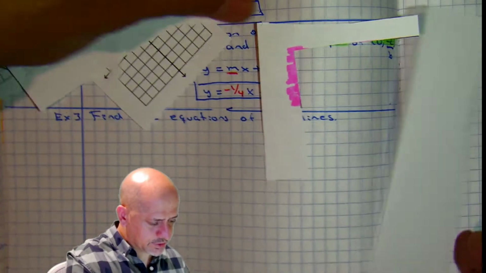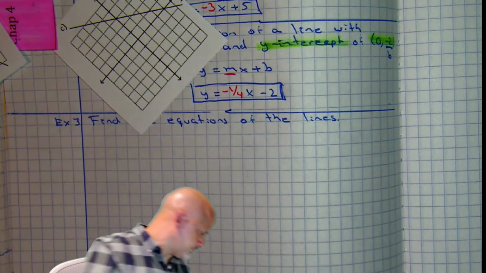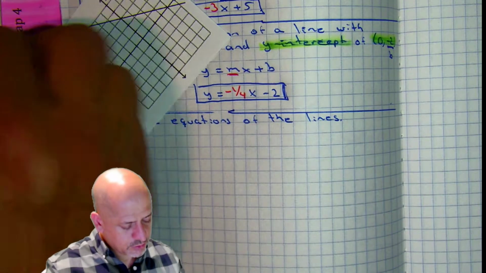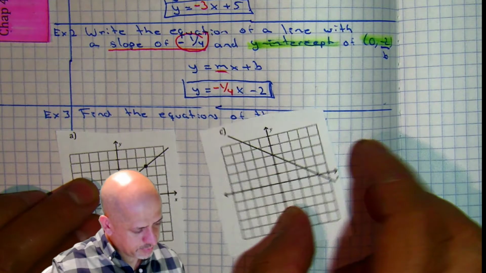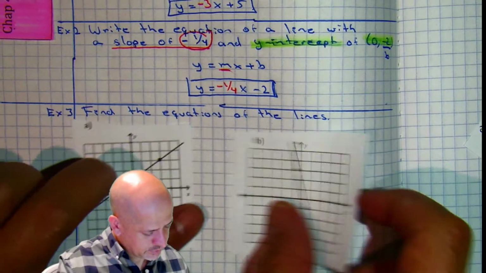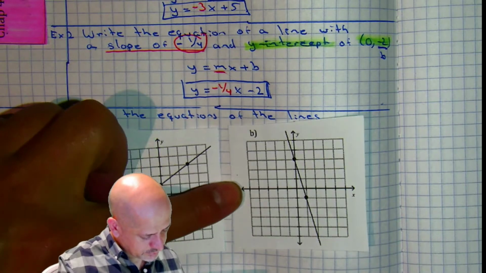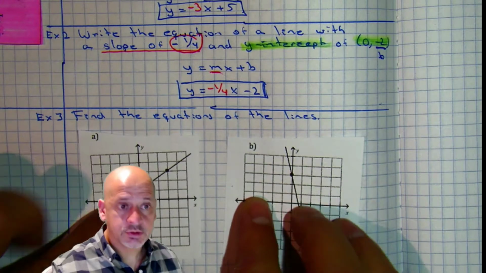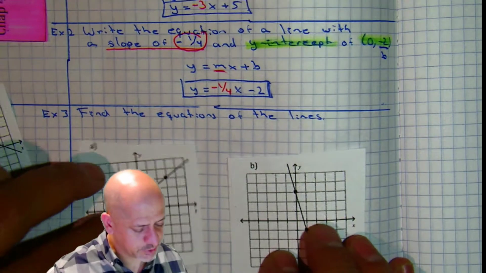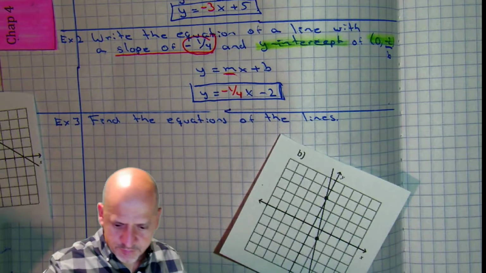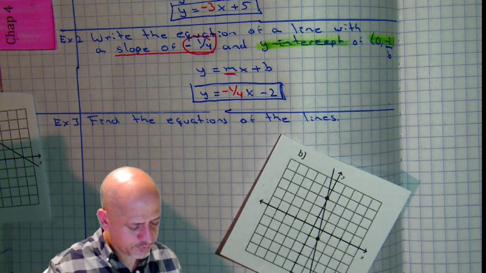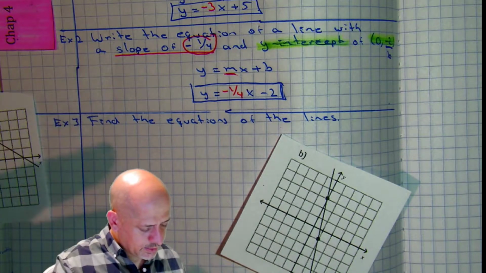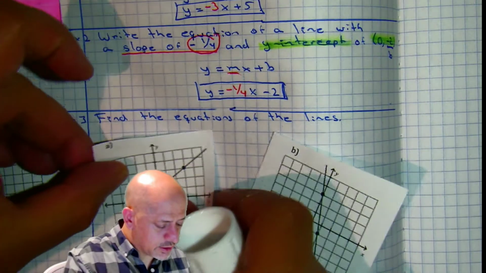Notice that they're all labeled nice and neat. Let's get rid of the extra papers. So let's glue A, B, and let's see if we can fit the other ones underneath. We might have to do the other ones on the next page. So let's do these ones underneath, and then we'll do the next ones on the next page. A and B. And if by any chance you don't have your cutouts, then just copy them down.